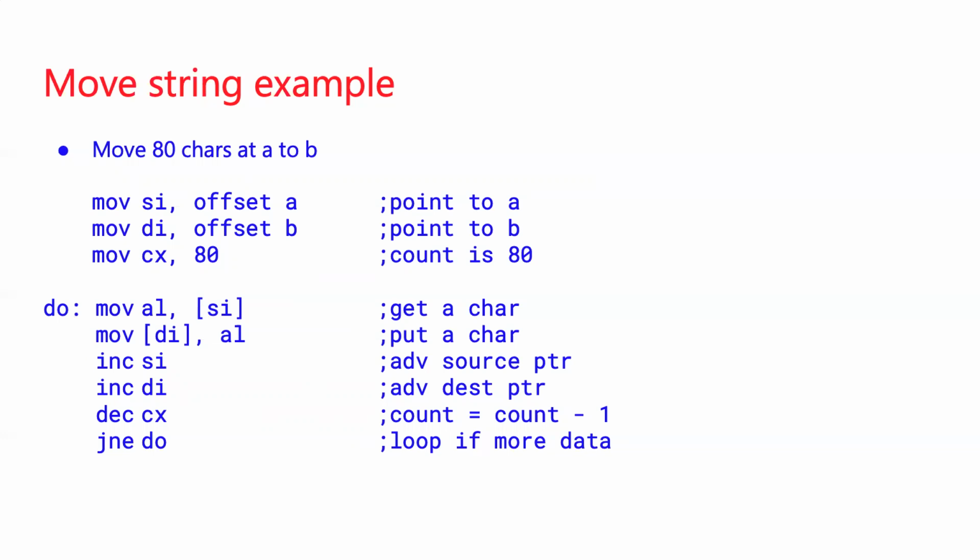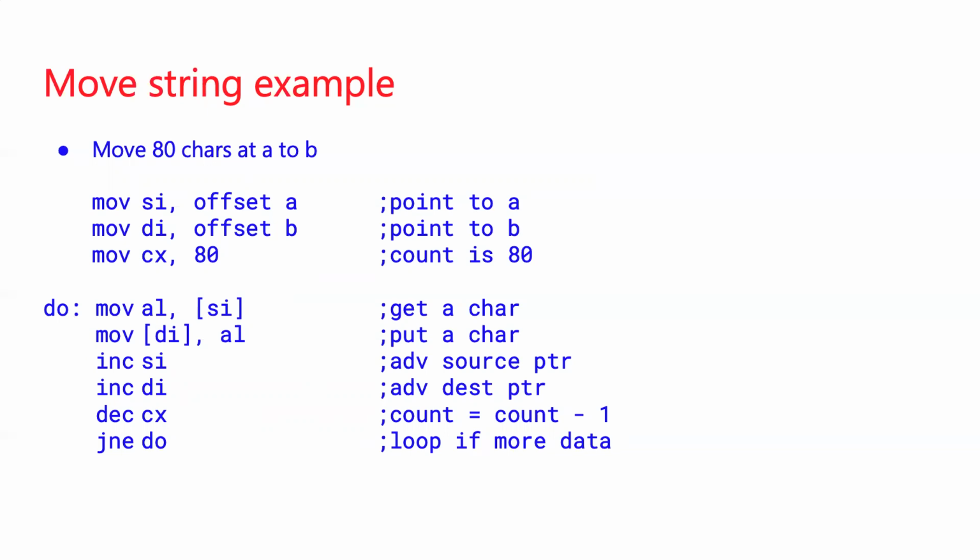So A is the label for the start of the place you want to copy from. So you want to copy 80 bytes starting from label A. Pretend that's some variable, some location in your data segment. And you want to copy those 80 bytes to another place in your data segment starting at B.